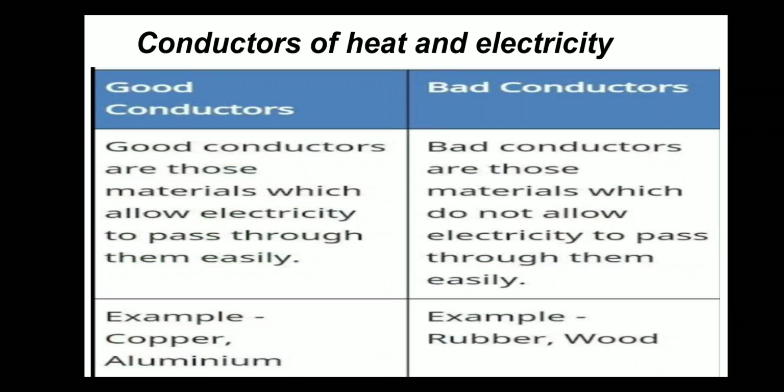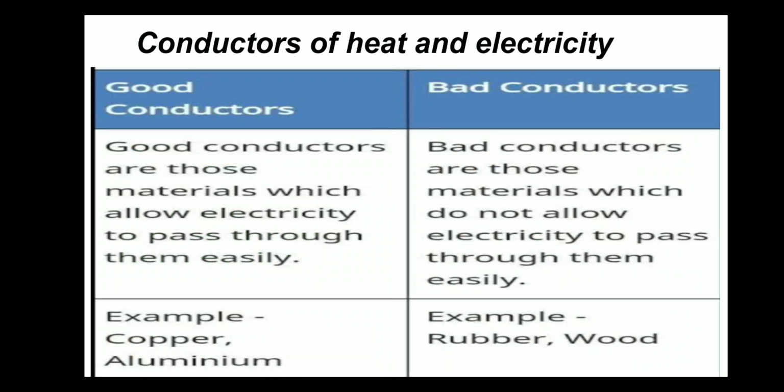Good conductors are those materials which allow electricity to pass through them easily. Example, copper, aluminum. So, metals such as copper and aluminum allow electricity to pass through them, and so they are good conductors. Hence, they are used as electric wires.